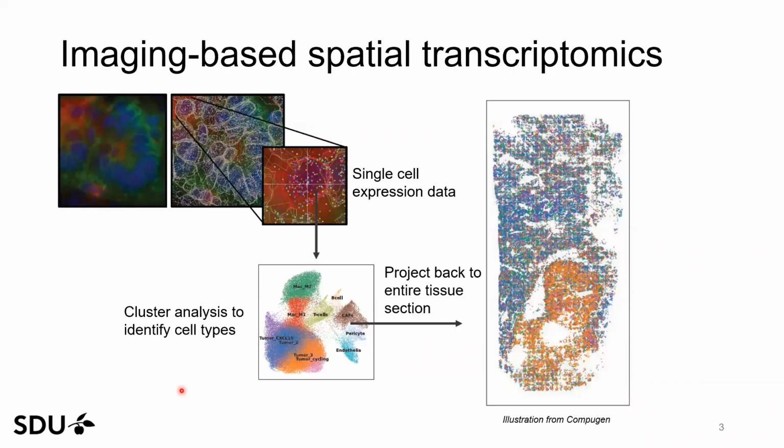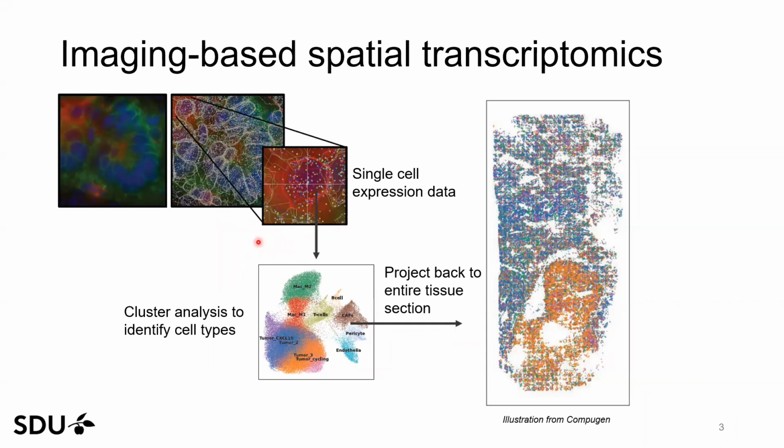So if you didn't know by now, we are working with this imaging-based spatial transcriptomics, and basically we take a series of images and we can then extract single cell expression data from it.